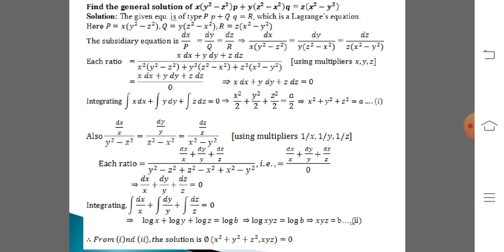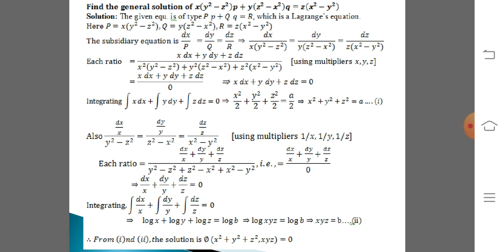If you integrate, you get log x + log y + log z = log b. Log x + log y + log z is nothing but log of xyz. So log of xyz = log b. If you remove logarithm on both sides, you get xyz = b. It is equation number 2.